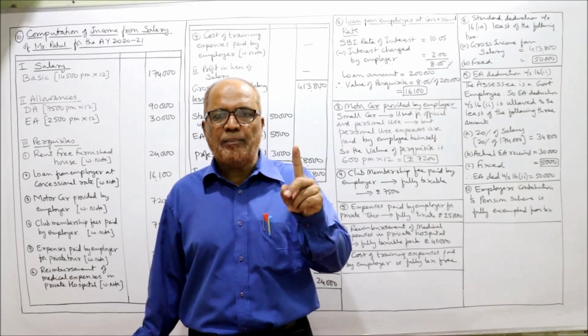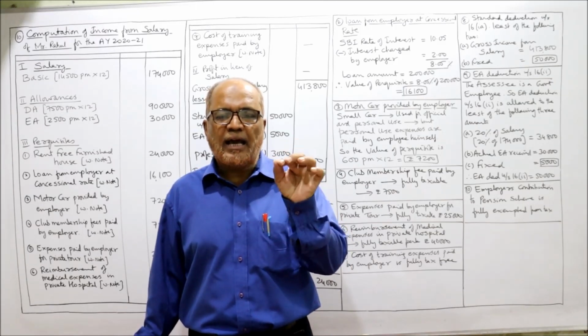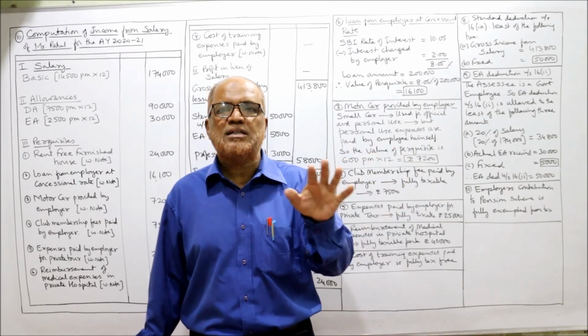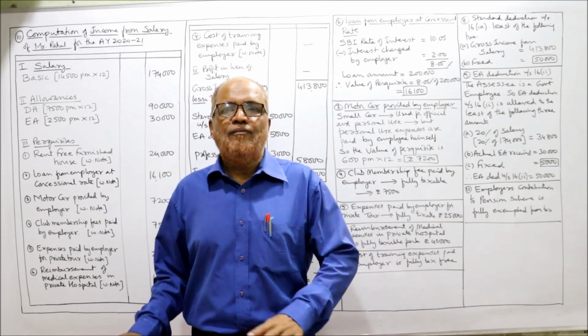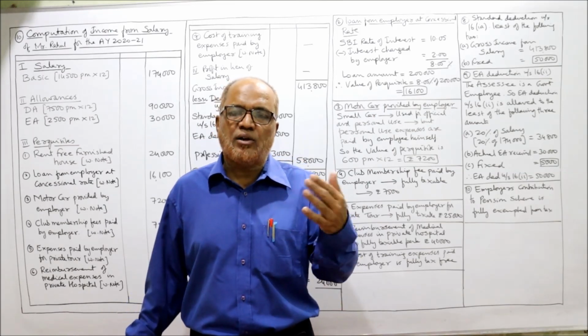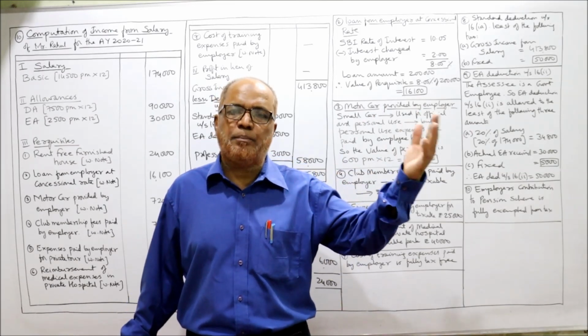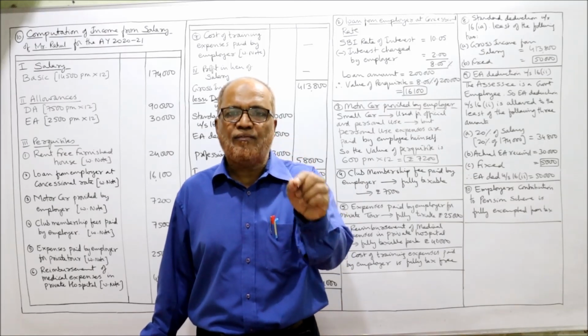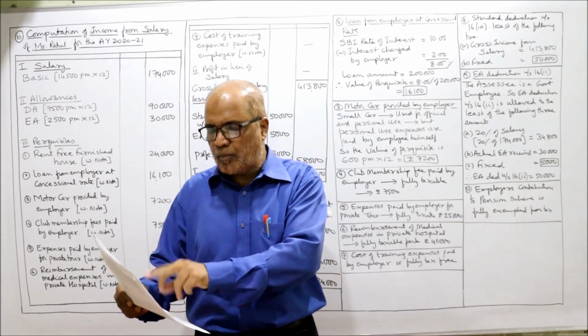The one point you have to remember, for government employees, rent fixed by the government is the value of the perquisite. We are not concerned with rent of similar accommodation or rent paid by the employer. For government employees, rent fixed by the government 1,500 rupees per month.